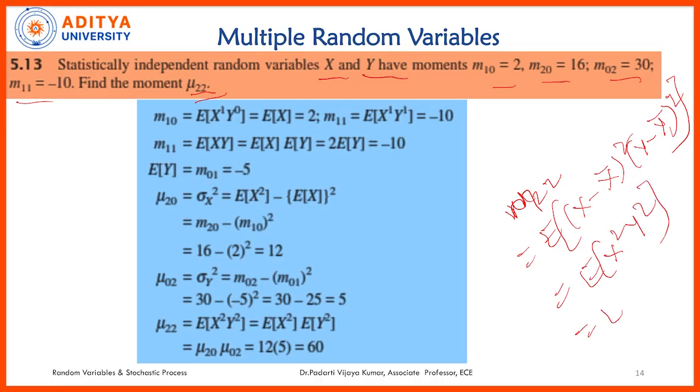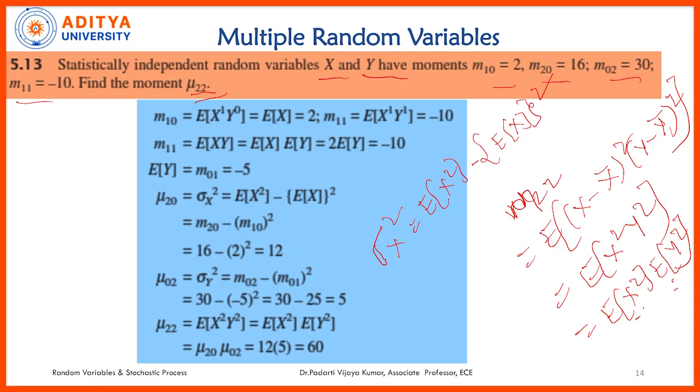Since they are independent, this can be written as E of x square into E of y square. And E of x square and E of y square can be computed from the variance and mean values. We know that variance is equal to E of x square minus E of x whole square. From this we can compute E of x square, and similarly E of y square. So, computing these values and substituting here, we will get m22 as 60.